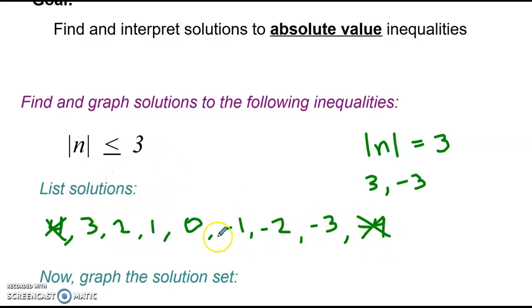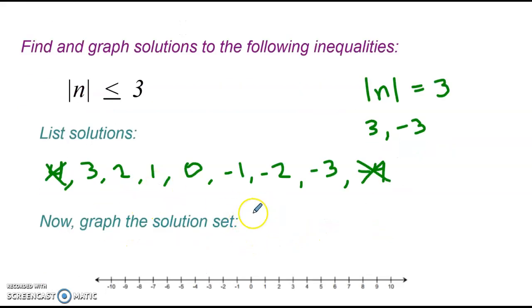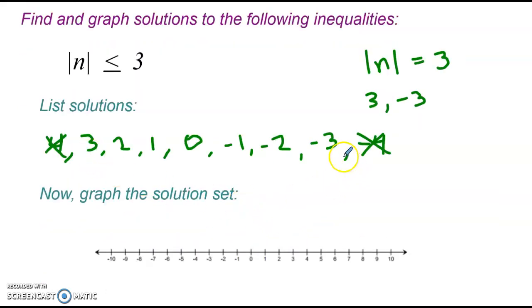Well, it's just going to be all real numbers between positive 3 and negative 3. So I'm going to mark with a closed circle positive 3 and negative 3, and my solution is graphed right there. So really it's just any number between negative 3 and positive 3. Those are all of our solutions for n.